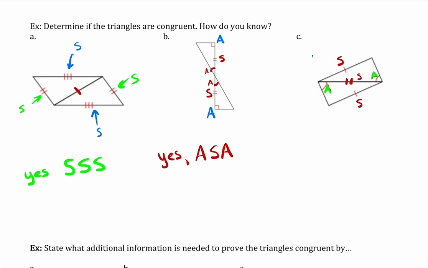So if I look at this and I go side, side, angle, well, was side, side, angle one of my congruence theorems? And we would say no, it was not. The angle is not included. Side, angle, side works, but we don't have that. The angle is not included.